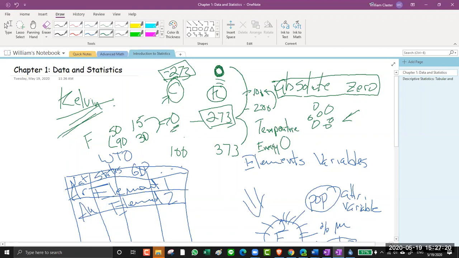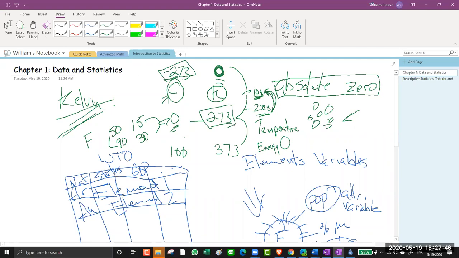In other words, if one thing is 100 degrees Kelvin and another thing is 200 degrees Kelvin, we can say this system has twice as much energy as the other. So ratios make sense when you're using Kelvin.